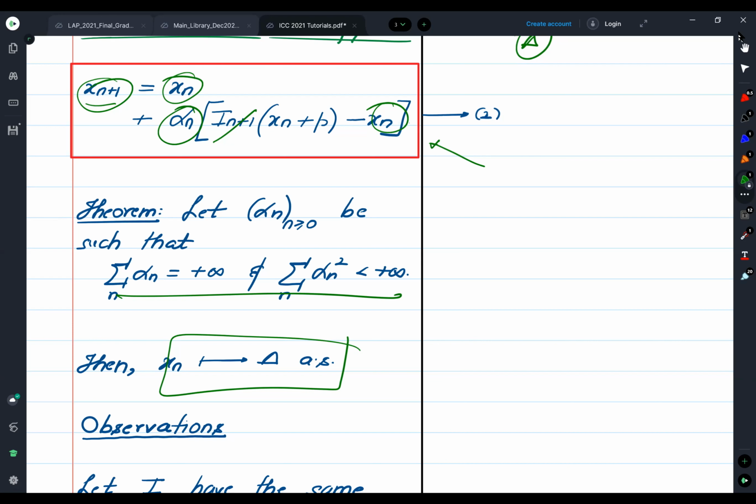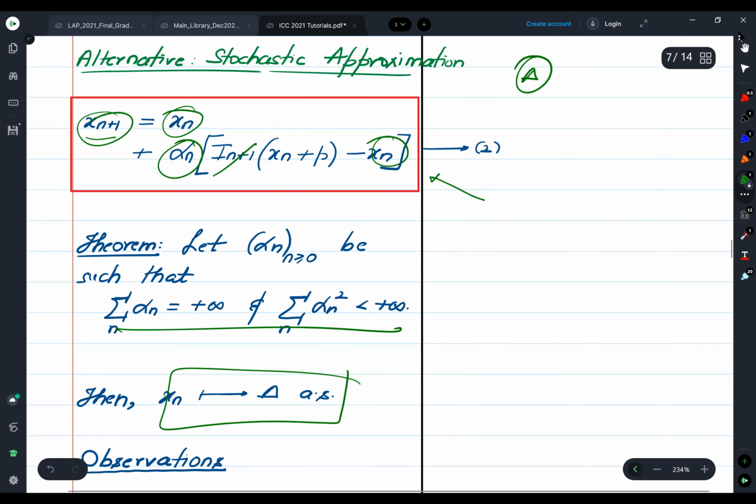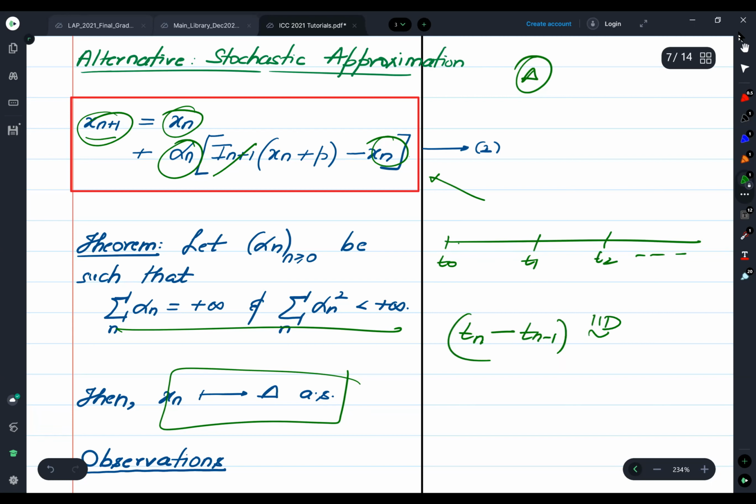Sorry to interrupt. What is small p here in your algorithm? Recall that I had said that we access this web page at times t0, t1, t2, and so on, and I had presumed that these gaps t_n minus t_(n-1) are IID exponential with parameter p.